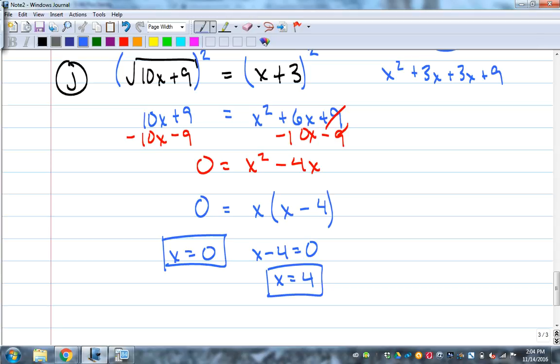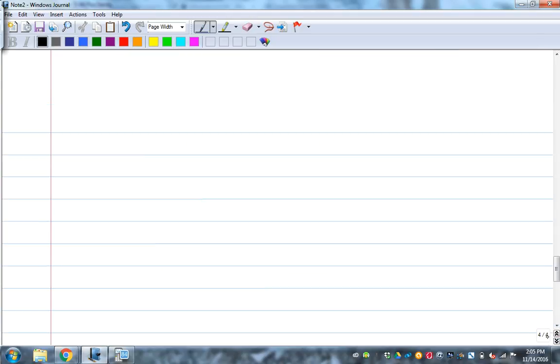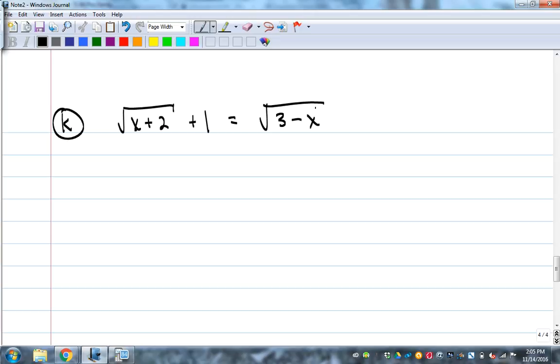Let's look at a tough one. All right. So this one kind of breaks the rules a little bit because there's two radicals in there. And the question would be, okay, well, how do you get the radical stuff by itself?